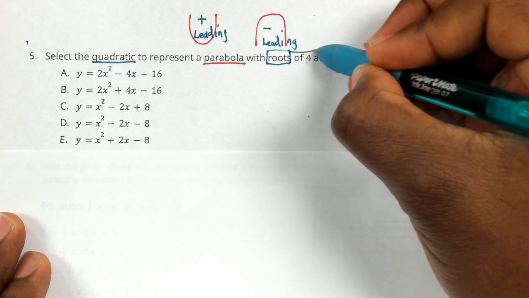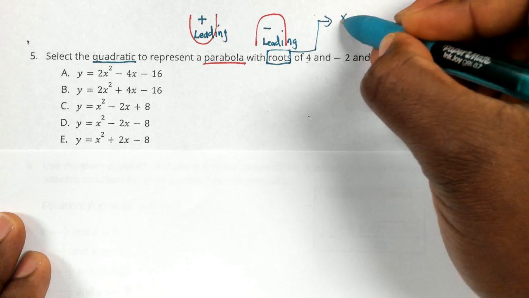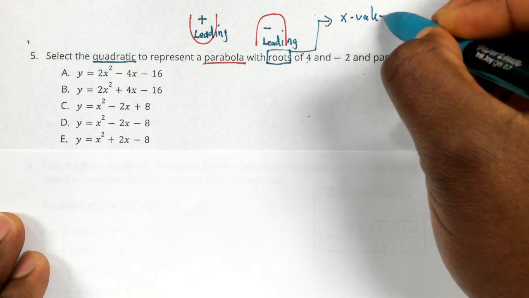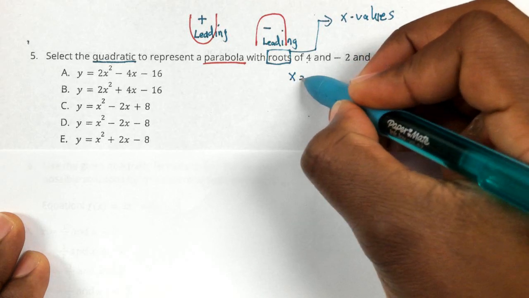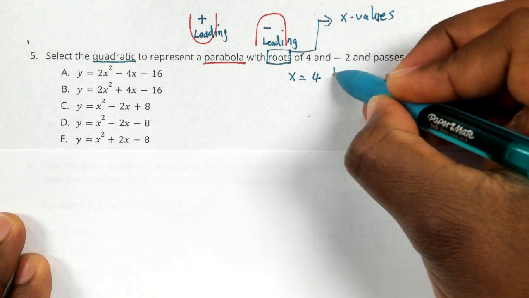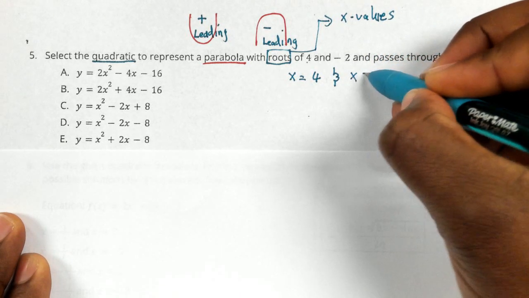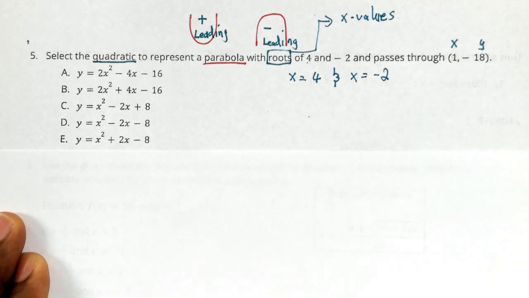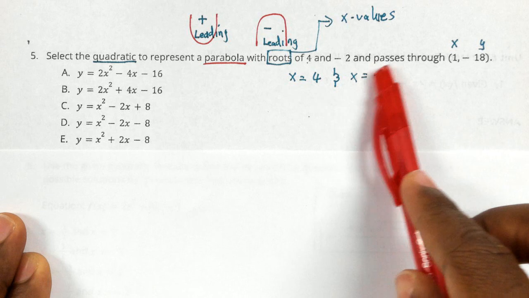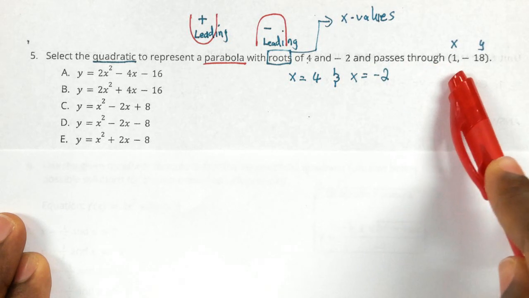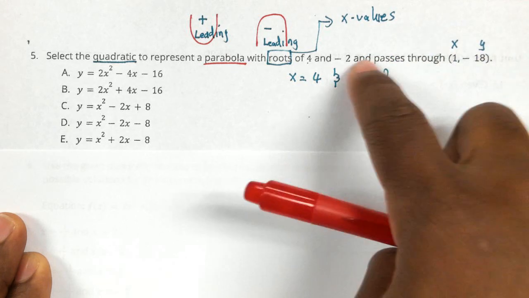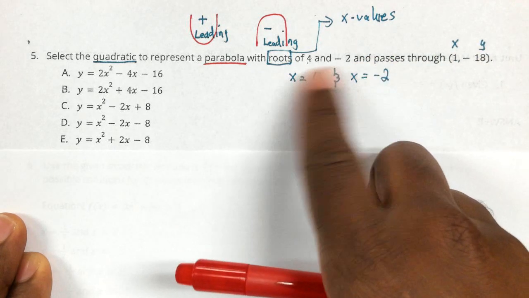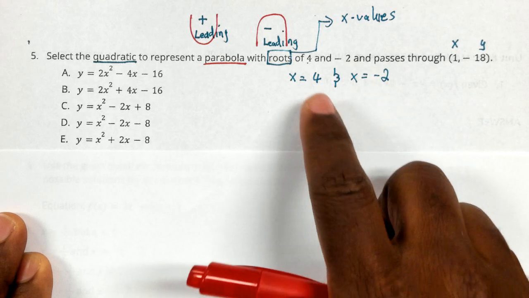So I'm saying that my x could be equal to +4 and my x could be equal to -2. Now it says that it passes through (1, -18). So let's hold on until we get there. We're going to focus on the fact that we have roots first.